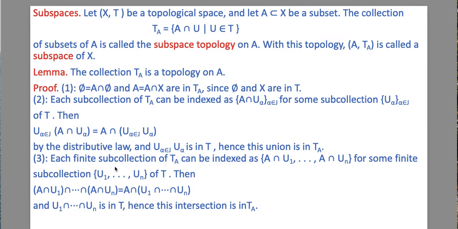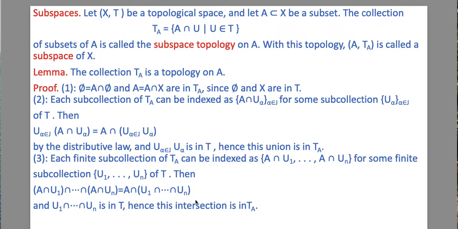Number three, each finite subcollection of TA can be indexed as A intersection U1, ..., A intersection Un, for some finite subcollection U1, U2, ..., Un of T. It means A intersection U1 intersection ... intersection A intersection Un can be written as A intersection U1 intersection ... intersection Un.